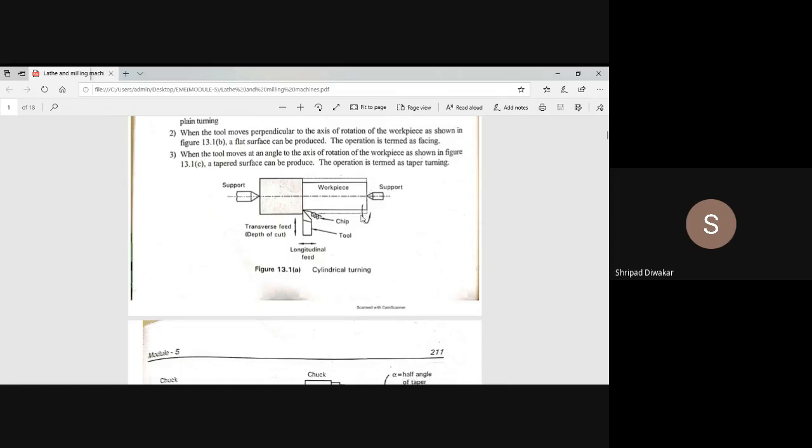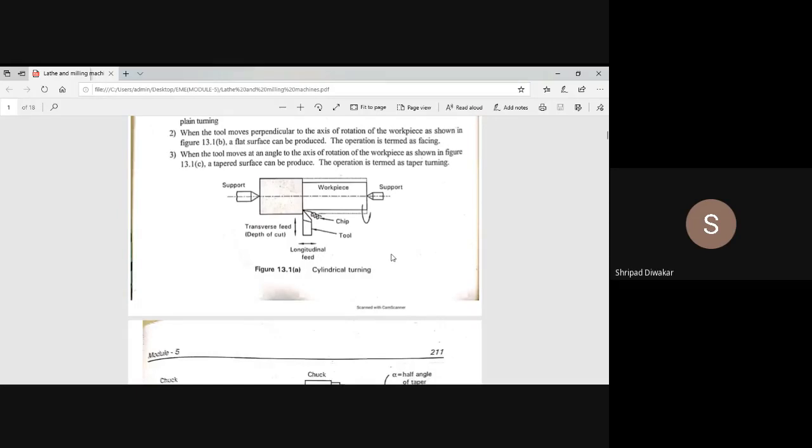Just movement of the tool in a direction parallel to the axis of the lathe. Whatever material comes out from the machining is called a chip. What you are seeing is called the tool, and at the end we have a tip, a sharp edge tip. So as the workpiece rotates, the tool moves in a parallel direction, thereby cutting the workpiece in a diametric direction, or reducing the diameter.